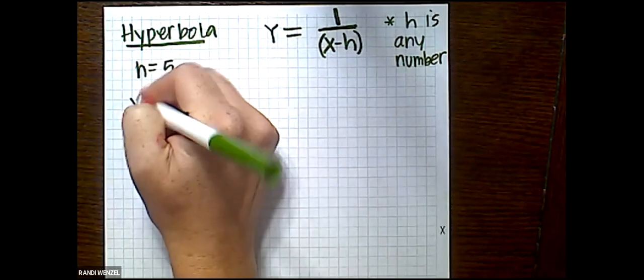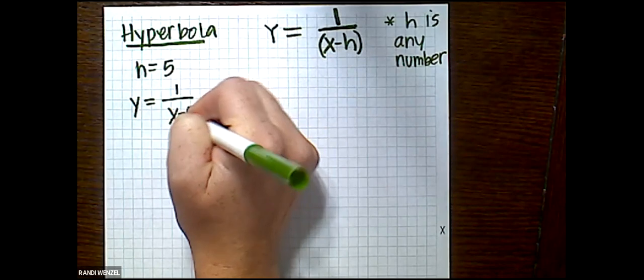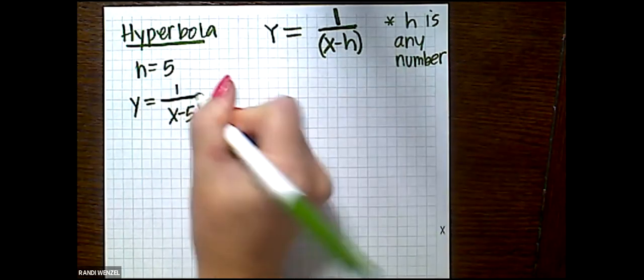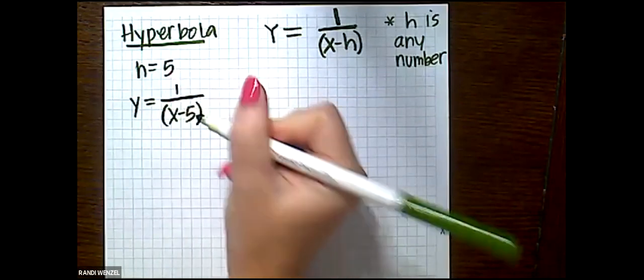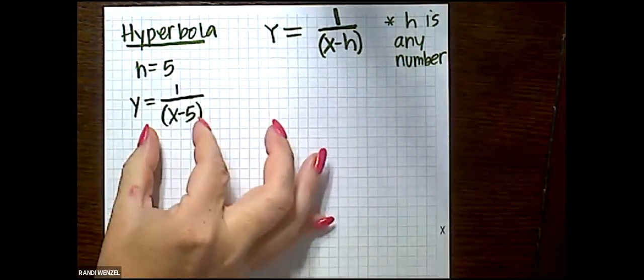And so if h is 5, then our equation looks like 1 over x minus 5, because the equation already had the minus in there. I'm going to try to make a habit of putting this in parentheses, because when you type this in the calculator, you're going to have to put that in parentheses to get the correct graph, because you want 1 divided by that whole quantity.